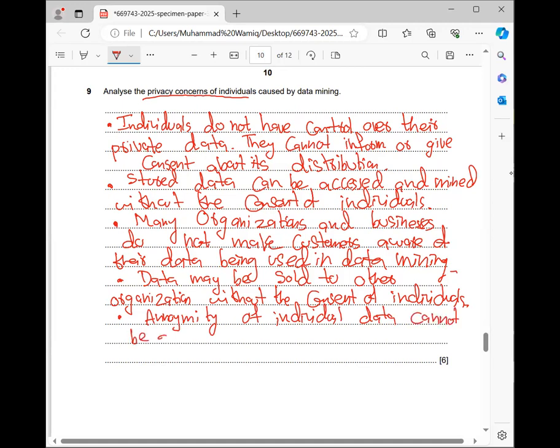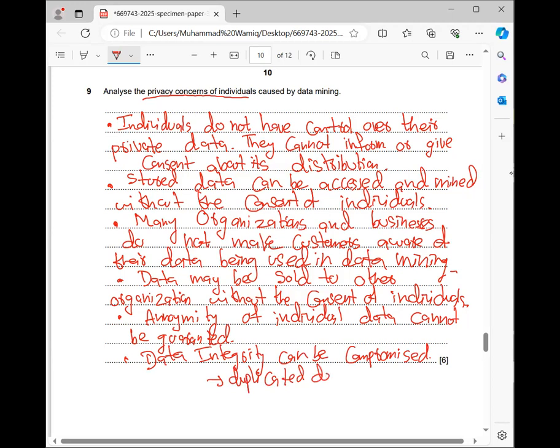This means that the data can never be trusted, whether it is from a trusted source or not. If it's anonymous data, that means your data integrity can be compromised, which leaves you duplicated data, or you can also write redundant data. Data integrity is how accurate your data is. So that's it.